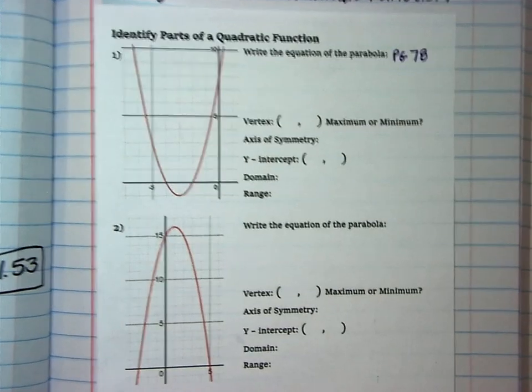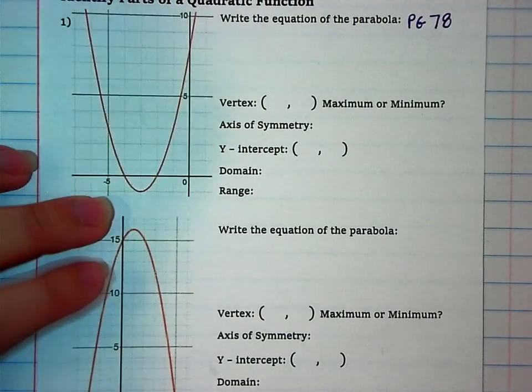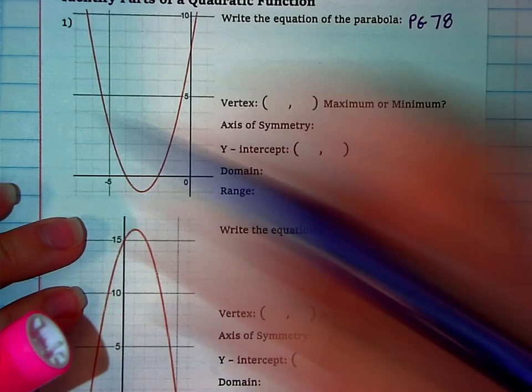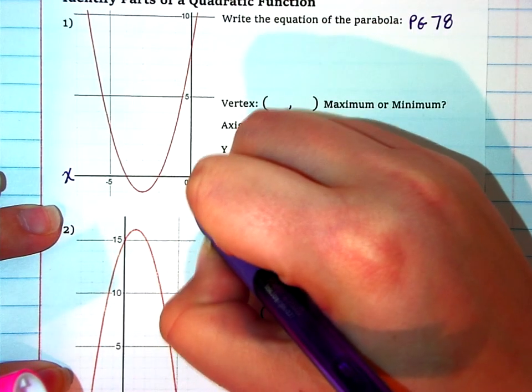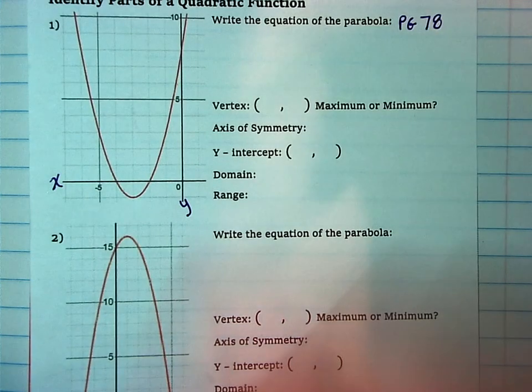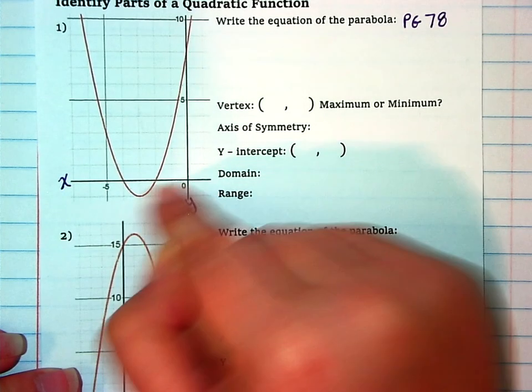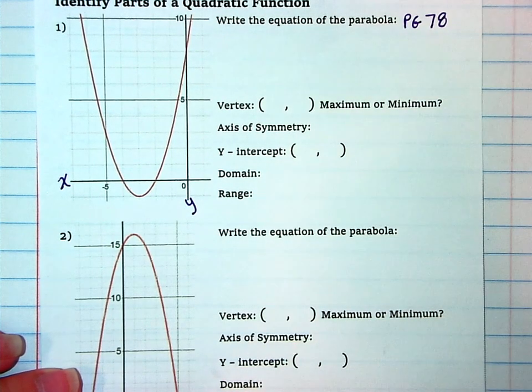Write the equation of the parabola. So we need to find the x-intercepts. So remember, this is the x-axis, and this is the y-axis. So, looks like it's going by ones, and it counted up to 5 for us. That's how all of these graphs are going to be.